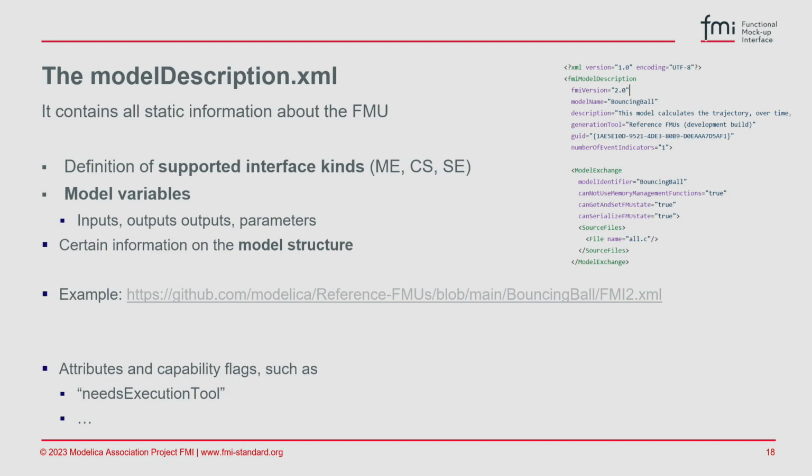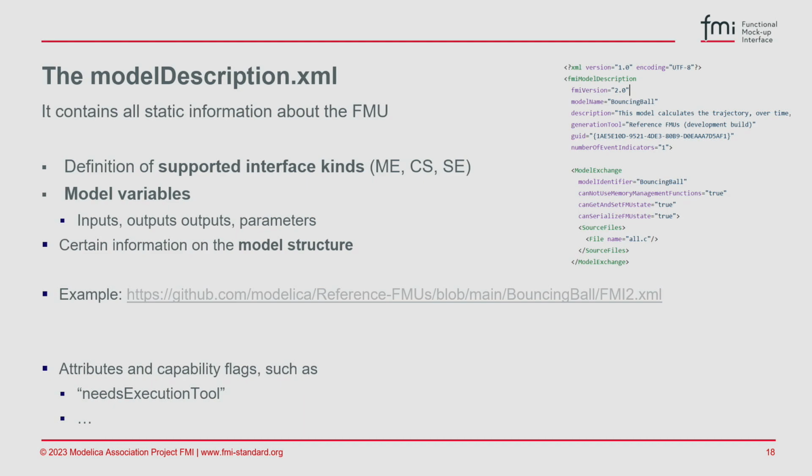Okay, this model description contains the static information about the model. One important thing is which kind of FMU interfaces is supported by the FMU. We saw on the last page model exchange and co-simulation. An FMU can also contain both. Then the importing tool selects which interface it uses.